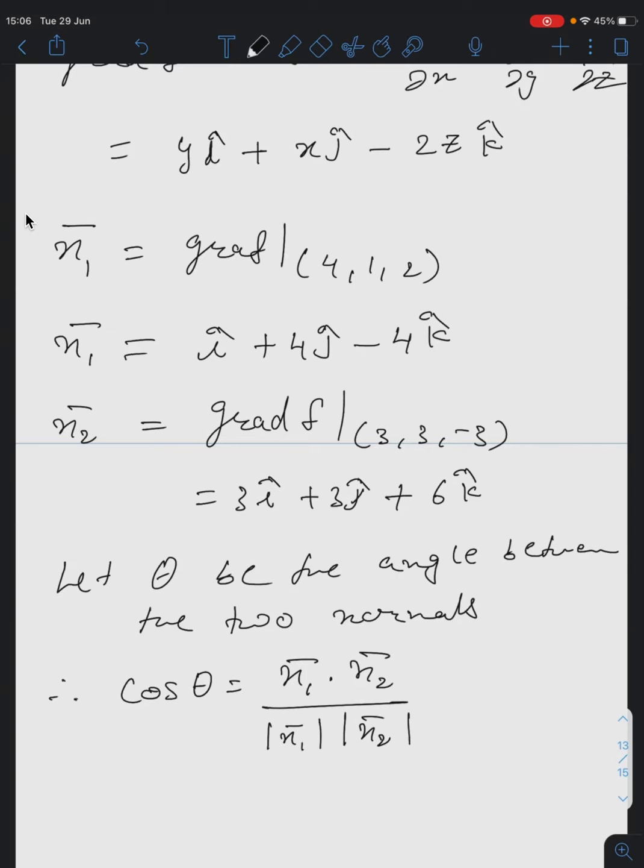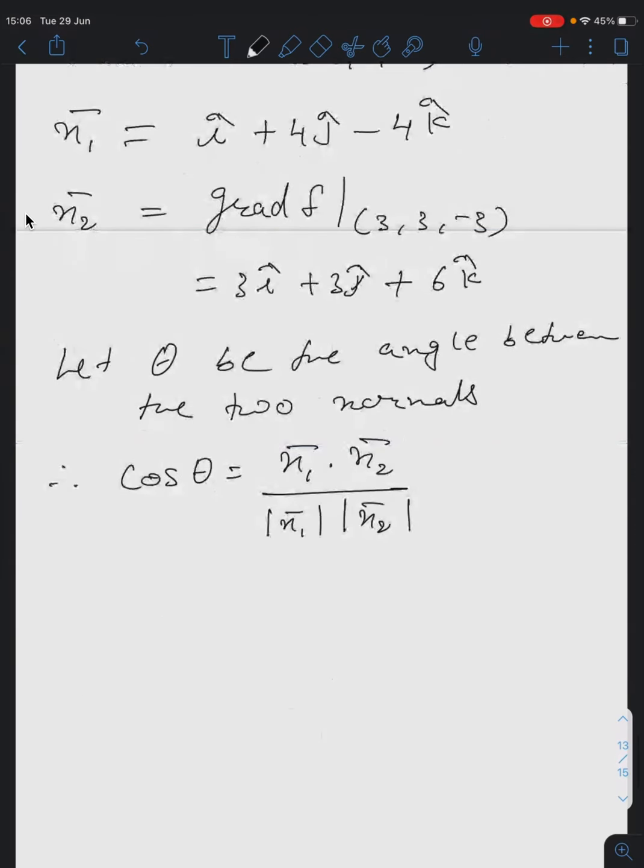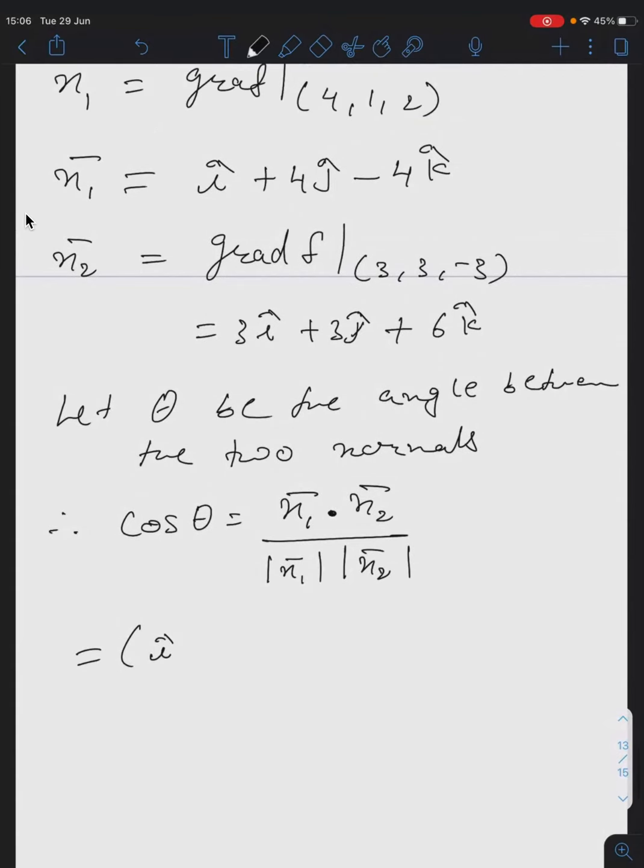That's it. Don't forget to put a dot here, otherwise that is just normal multiplication. So what is n1 bar? It is i cap plus 4j cap minus 4k cap, dot n2 bar, which is 3i cap plus 3j cap plus 6k cap.